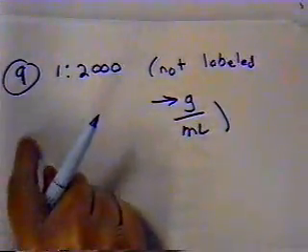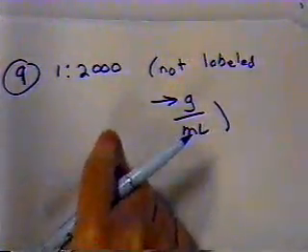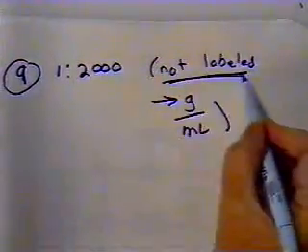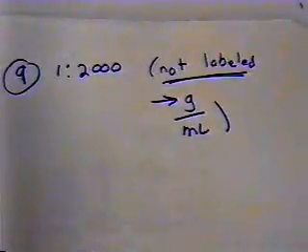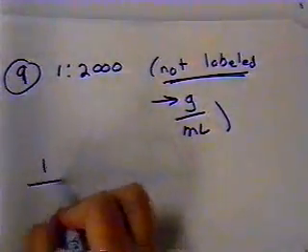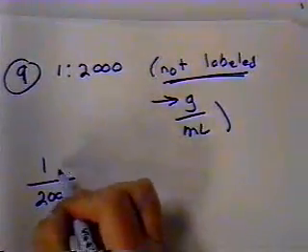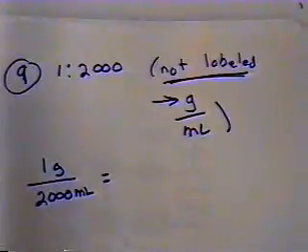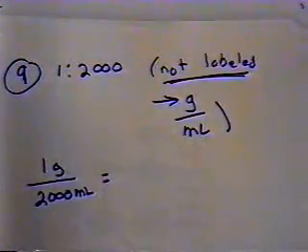It could be 1,000 milligrams to 2,000 milliliters if you label it. But if it's not labeled, just like the percent, it has to be grams over milliliters. So the 1 to 2,000, I have to label grams over milliliters. If they don't write a label on the ratio, then it has to be grams over milliliters.